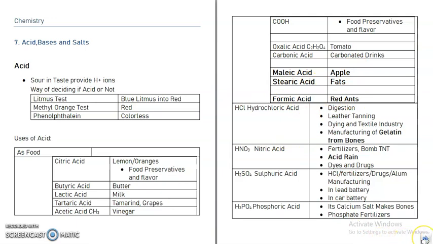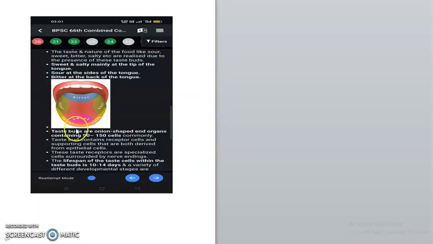After acid, base and salt, testing our tongue. This was a question in the 66th BPSC: which part of the tongue gives you the taste of which kind? Just look at this image.